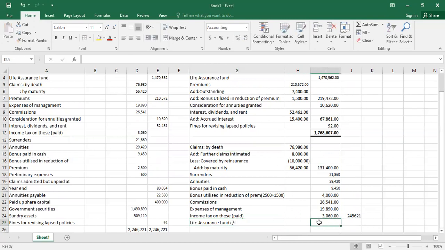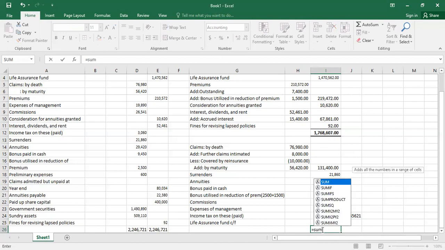It will be equal to this amount minus this, because you are balancing off. So it is 1,522,986. So we add all these to get there, equal to the sum of all this.